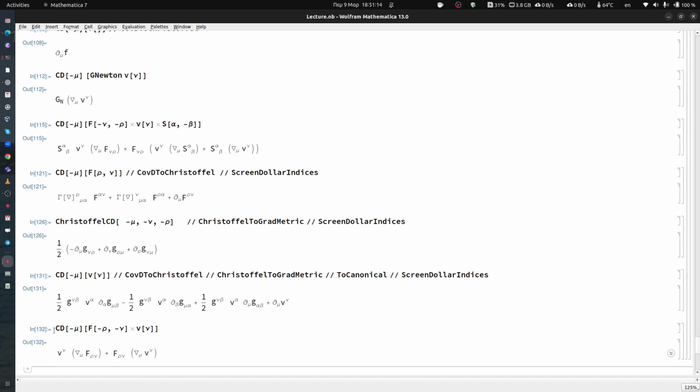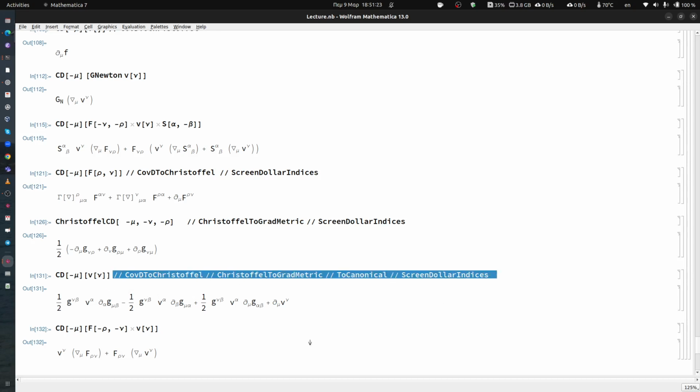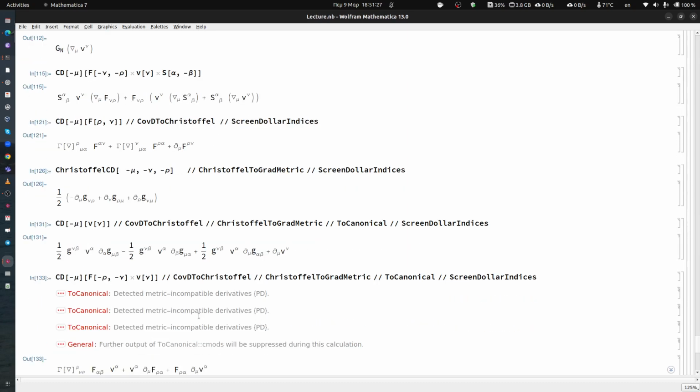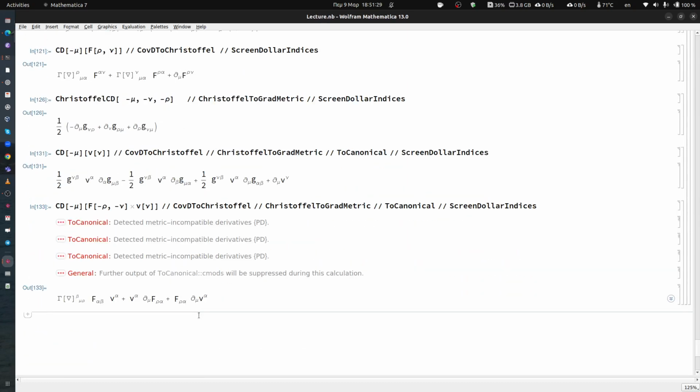So that gives us this expression. Only the Leibniz rule is applied, nothing else. And then we can apply this whole train on this expression to find this simple expression here.